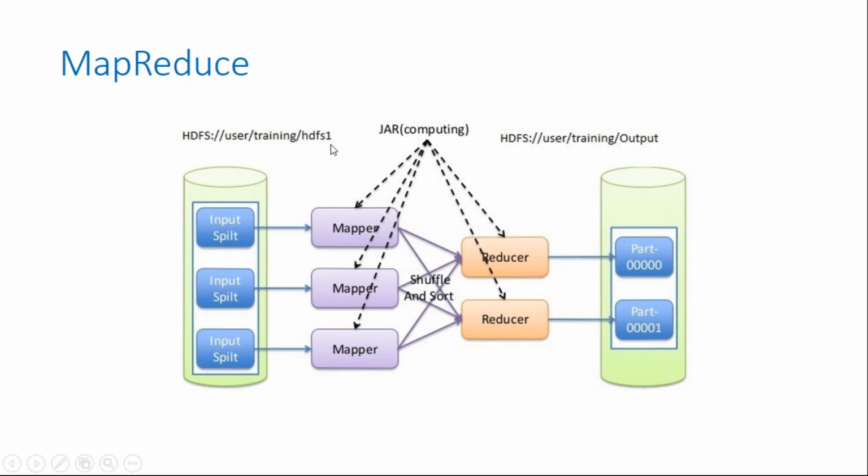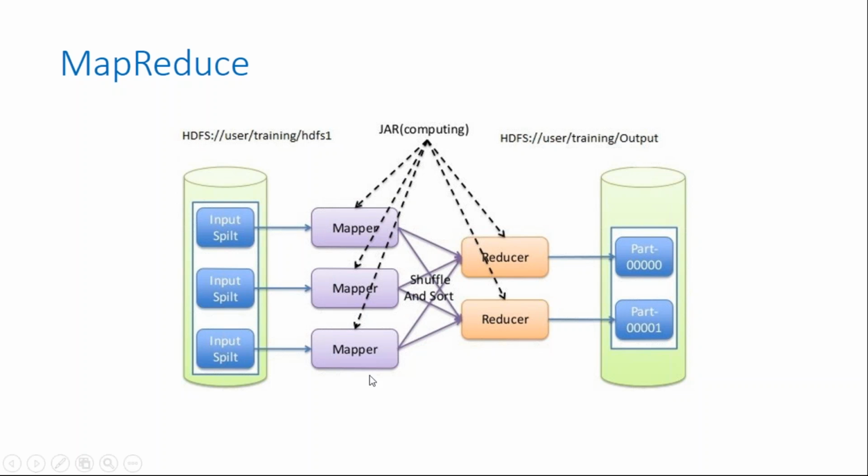So we got test1, slash test1. So the test1 will be divided into input splits. Say if we have 3 lines in that, say there are 3 records, so it would be split into 3, and then that is fed to the mapper programs. So 3 mappers.